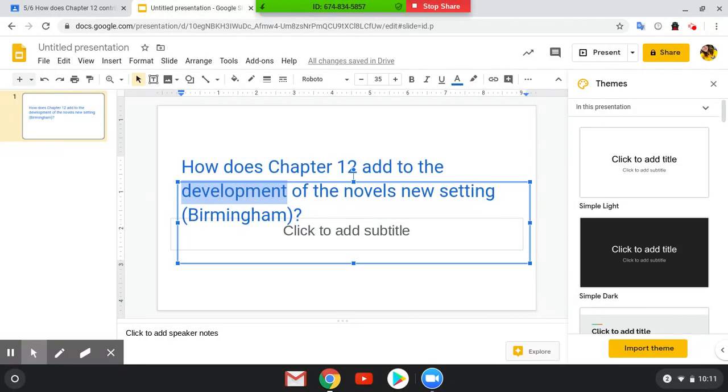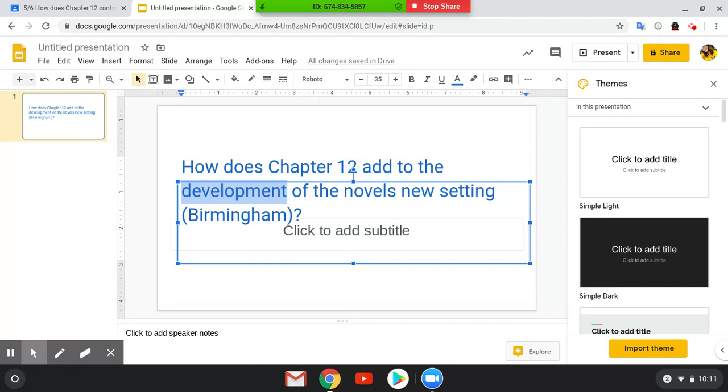If you're developing something, what are you doing? Making it grow. Okay, and making it grow. Make it continue to do something. Absolutely. Good job, Carson. So you're making it grow or you're like building it, right?